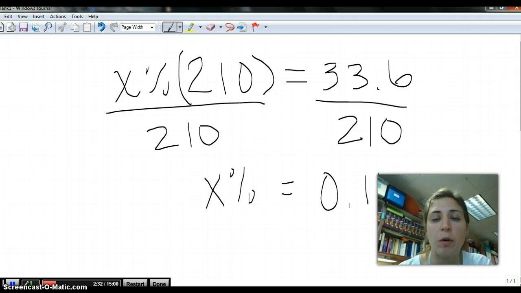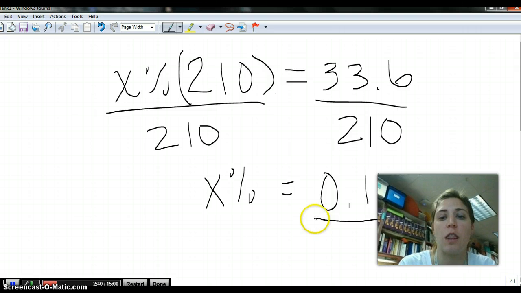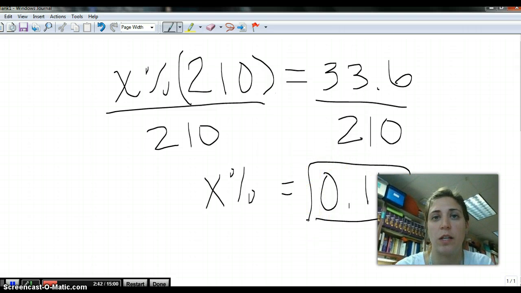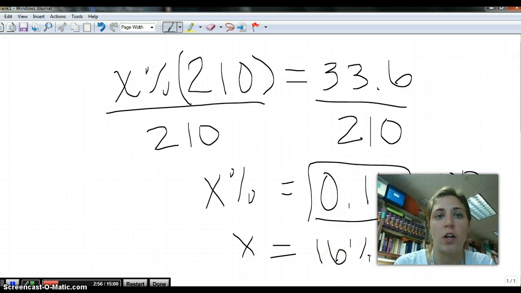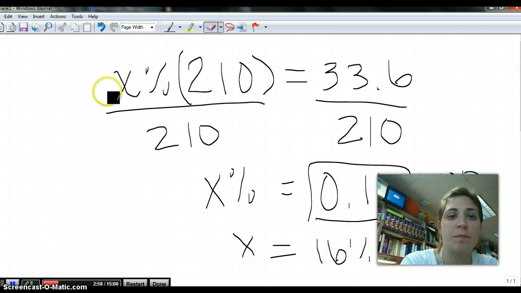So now it's asking for what percent, and right now I've got an x percent equaling this decimal. So what I need to do is convert the decimal into a percent. So to do that, I'm just going to multiply by 100 to get my percent. So x is going to equal 16%.